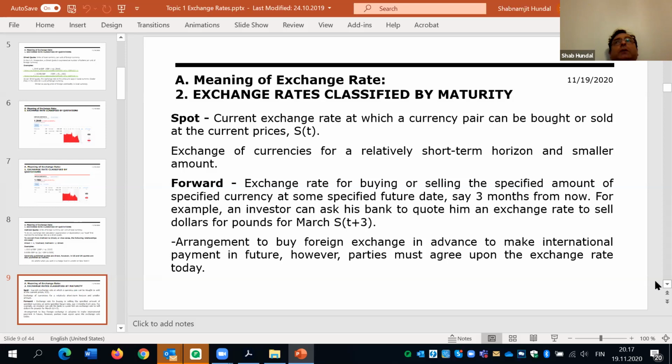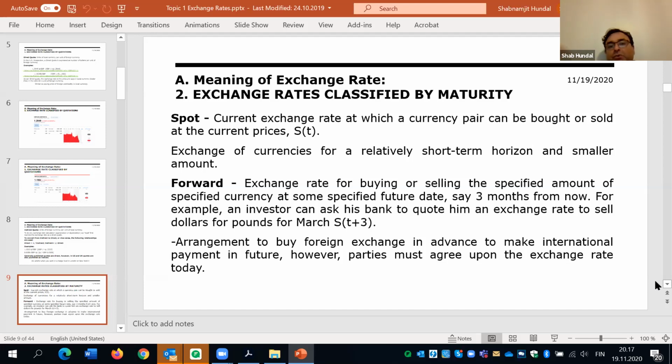The word spot is like when we say on the spot. For example, you are at the airport and you want to buy or sell some foreign currency. You go to Thomas Cook or Western Union or some other shop, and on the electronic display board you see the price of a yen, a pound, an American dollar or a Canadian dollar.